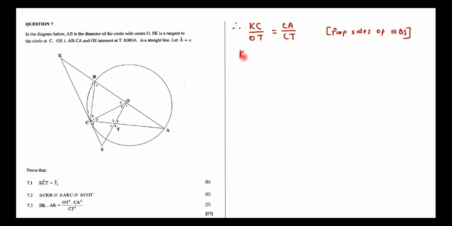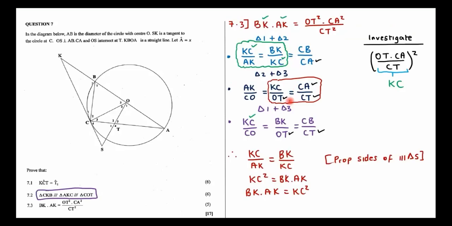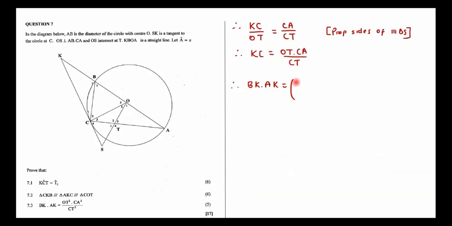Then from here, this is where we got our KC as OT times CA over CT, and therefore taking it back to BK times AK, which was KC squared, we can then see that this is OT times CA over CT all squared, and therefore your BK times AK equals to OT squared times CA squared all divided by CT squared, and that is how we find our answer, right?